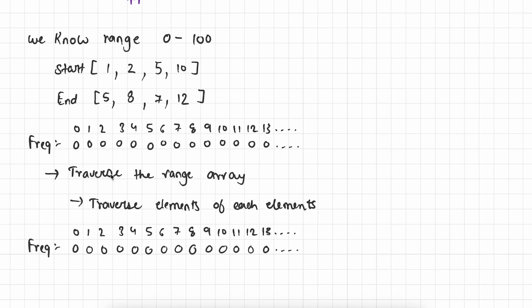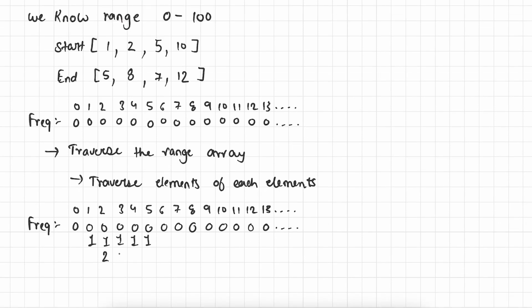Here the range is 1 to 5, so we go from 1 to 5 and increment all the numbers by 1. Next, the second range is 2 to 8, so we go to index 2 and increment all the numbers from 2 to 8.